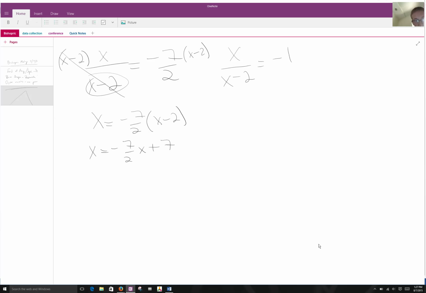And finally, we can start getting our x's by themselves. We're going to add that to the other side. Okay. Fractions, you gotta love adding them. So basically 1x is basically just the same thing as 2 over 2x. And we're just going to add 7/2 x to that.